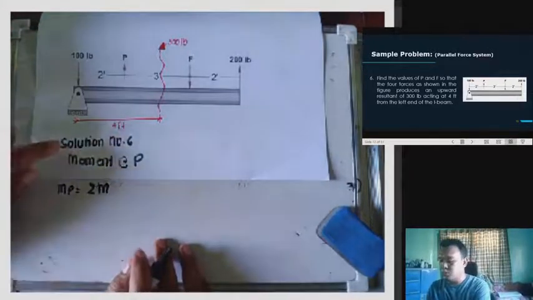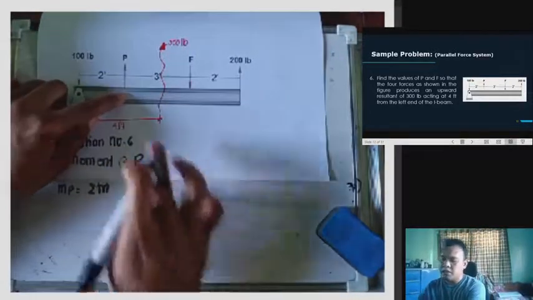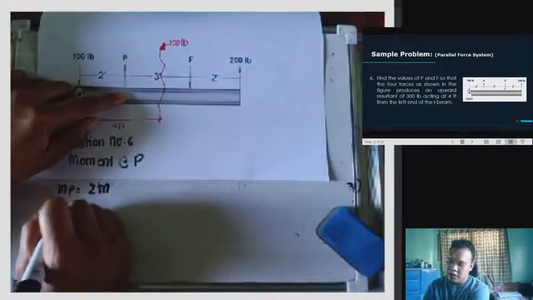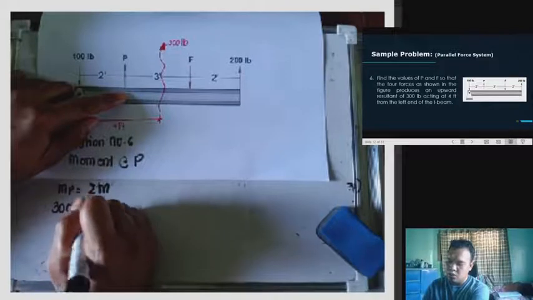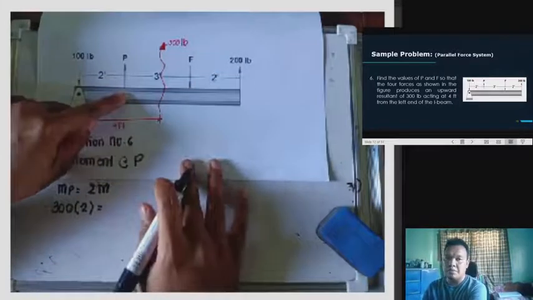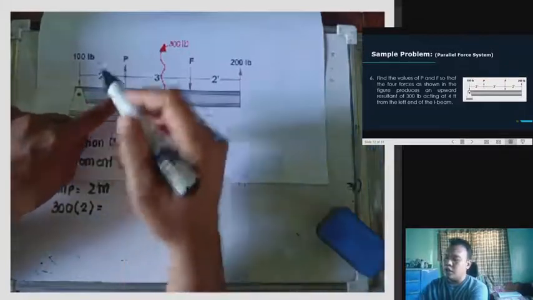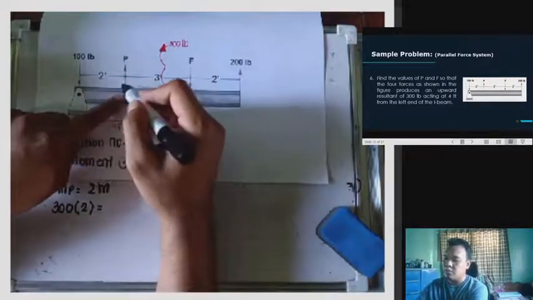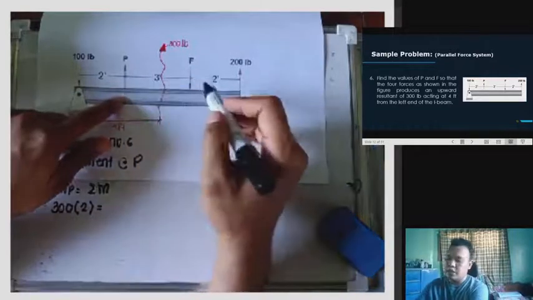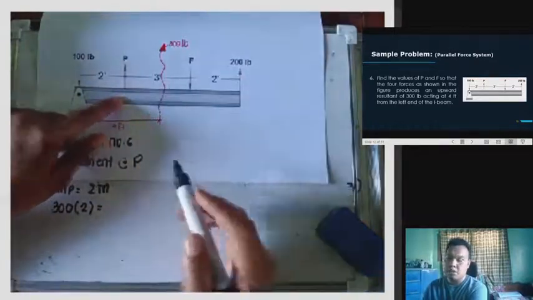So moment at P ng resultant natin, kung dito yung P natin, tama bang tayo clockwise, counterclockwise, which is 300 multiplied by 2 equals itong mga forces na to, tama? So ito clockwise na ito papunta dito, we have here counterclockwise which is negative, then ito clockwise positive, counterclockwise negative.